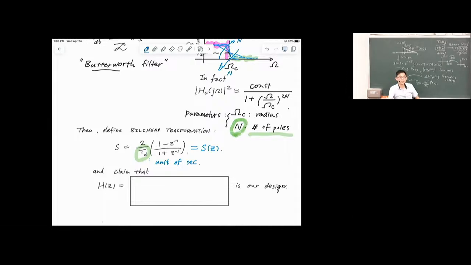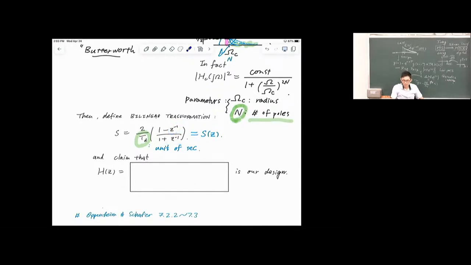It is a parameter which has the dimension of time, but otherwise what's more important is inside here. Inside here we have 1 minus z inverse divided by 1 plus z inverse. So essentially s equals this function with a scaling factor. That's simply a definition, and we will study its properties very soon.